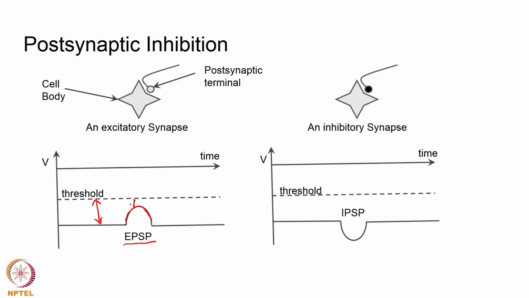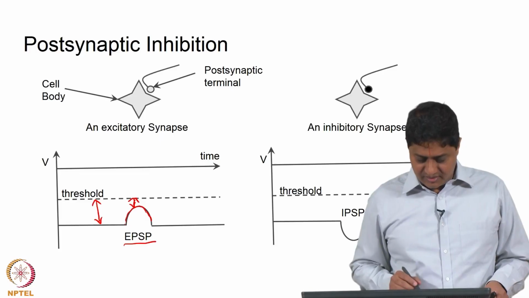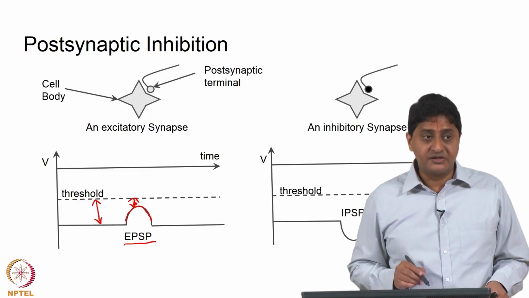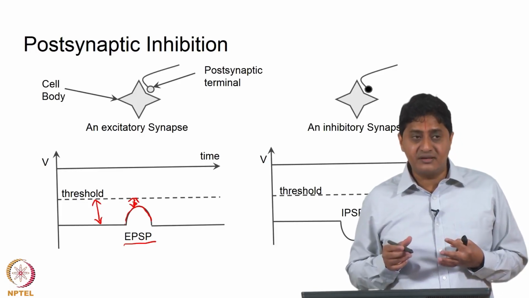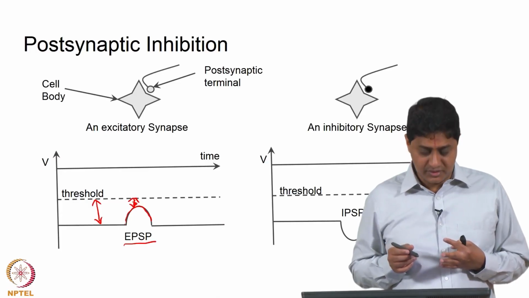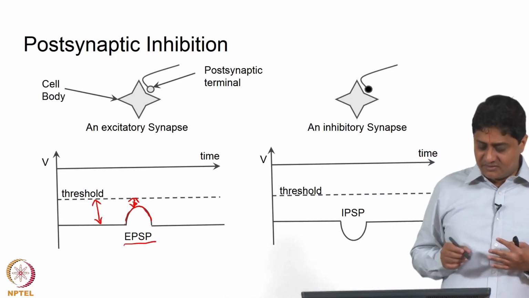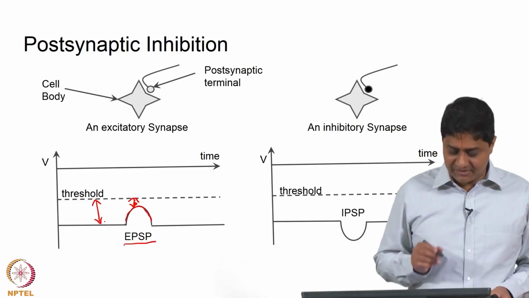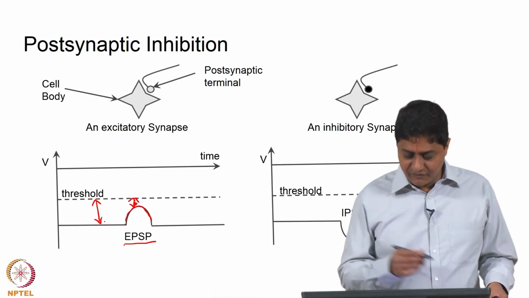Now, because of this, the difference between the membrane potential and the threshold is reduced, and the probability that this part of the membrane is going to be taken to threshold and an action potential caused in this part of the membrane is increased when an excitation happens. This is called an excitatory postsynaptic potential. We have seen how this could be achieved. We will review that in the next slide.